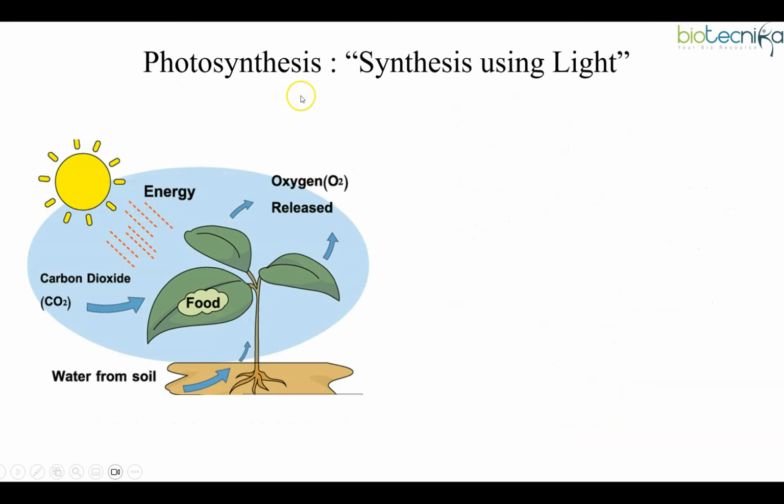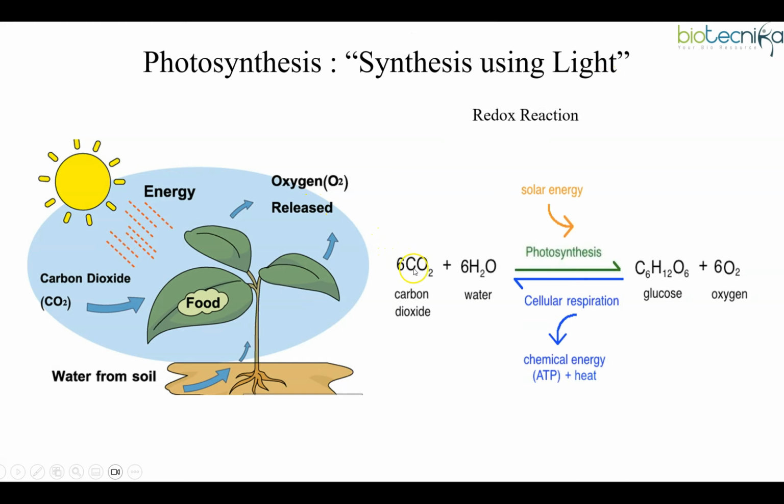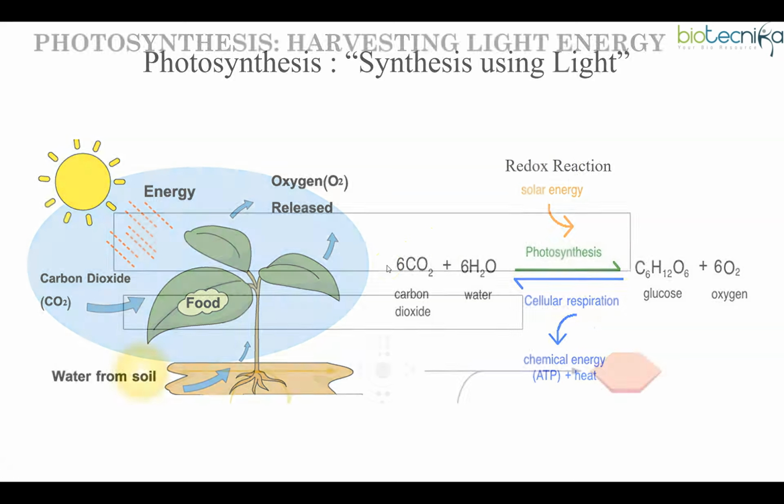Okay. Coming to photosynthesis, which is synthesis using light. Basically here we have carbon dioxide from the atmosphere and water from the soil, which will be converted into glucose, food for the plant, and also oxygen, which will be released outside for us. Now photosynthesis and cellular respiration together are actually a classic example of a redox reaction.